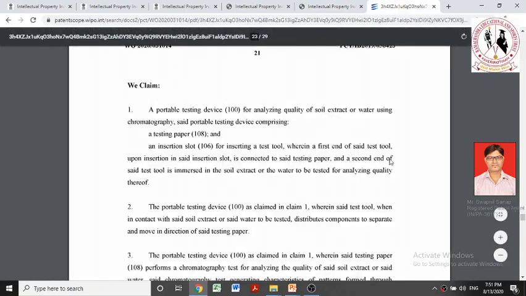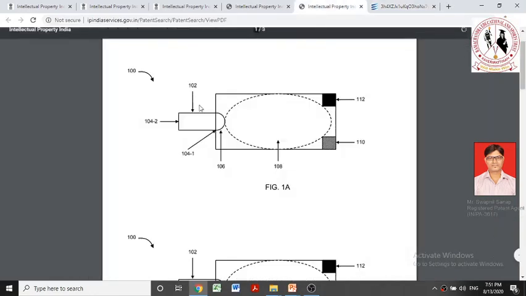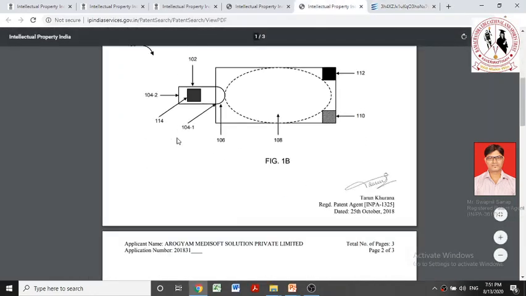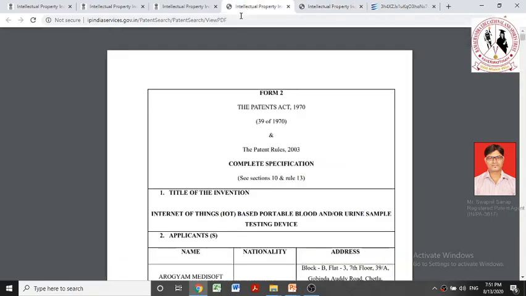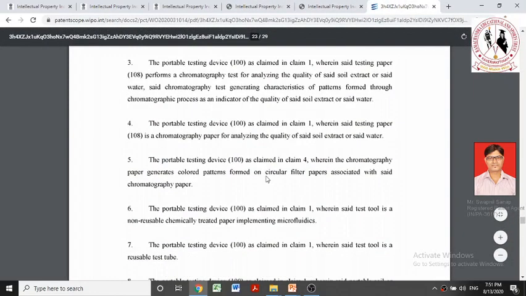Am I correct? And the second end of this test tool is immersed in the soil extract or water to be tested. Second end is 104. The same is shown in this particular figure 1B. Right? He has tried to add here one more component 114. So this is again written in this particular.